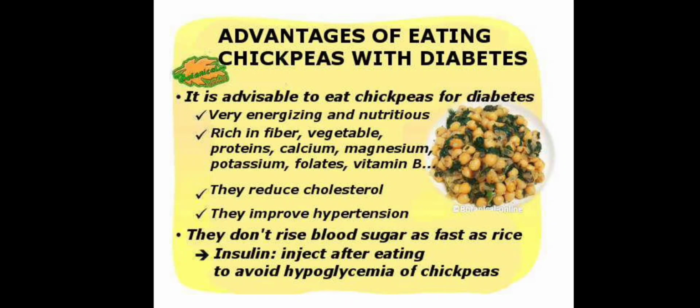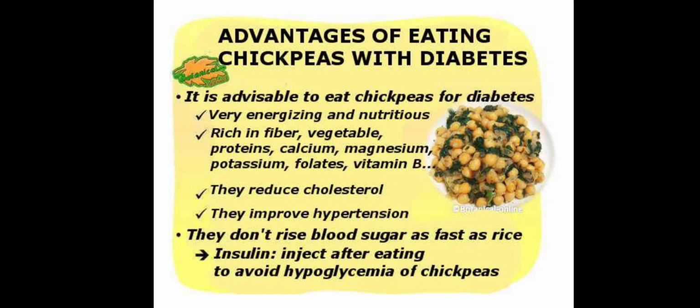Chickpeas have been consumed for several thousand years and were originally cultivated in the Middle East around the Mediterranean basin nearly 5000 years ago. From there, they spread to India and modern day Ethiopia. Today, India is the world's largest chickpea producer.